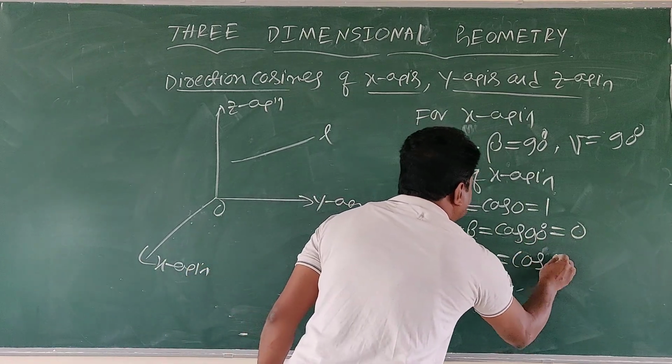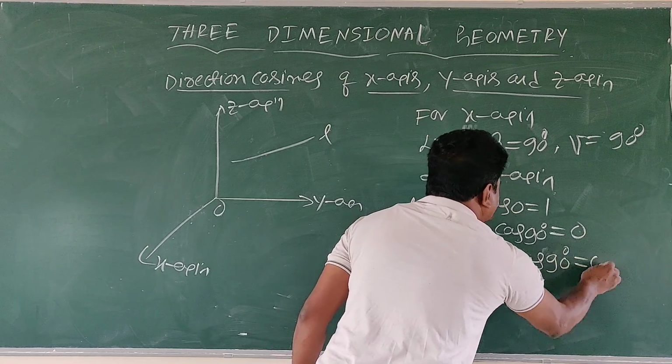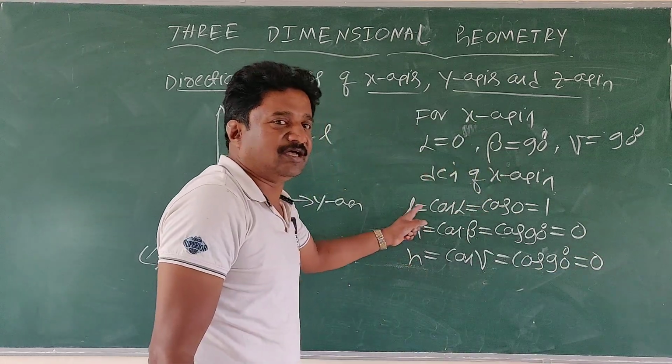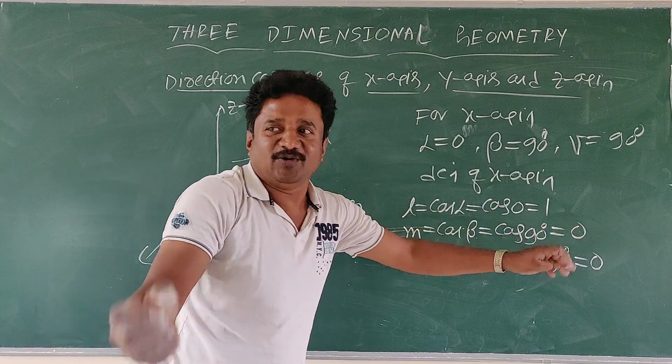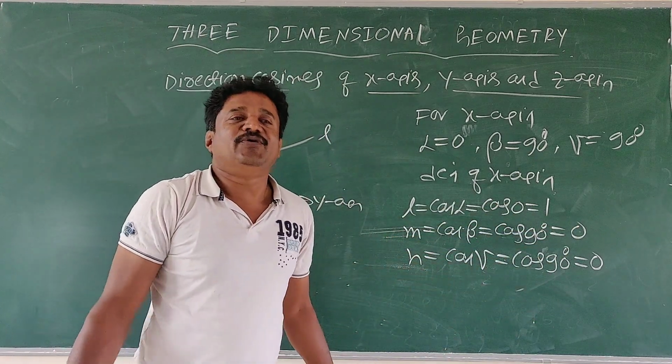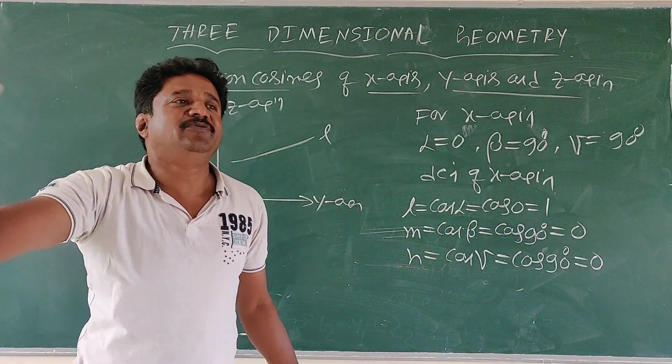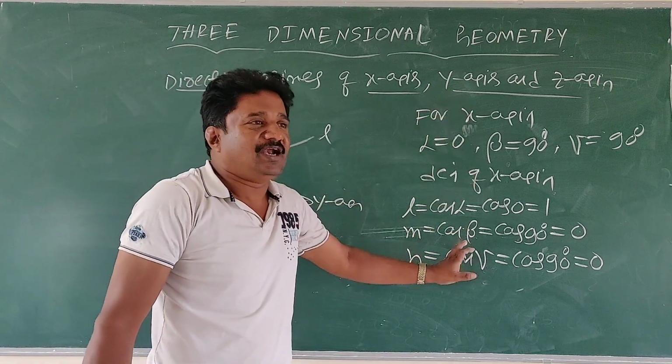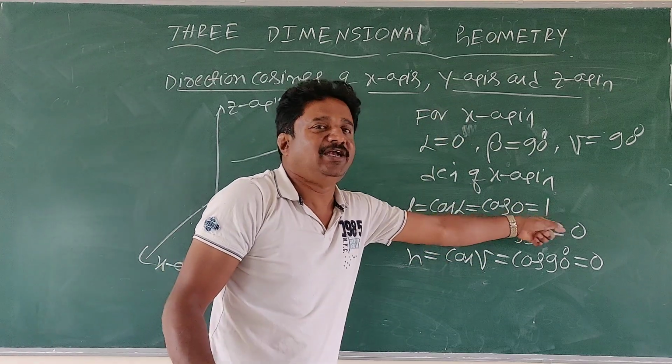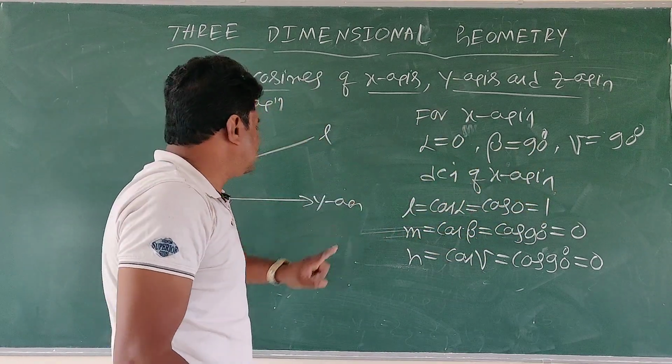Gamma is 90 degree, so 0. So DCs of x axis are 1, 0, 0. They are going to ask one more question: find the DCs of x axis. You need not calculate these things. It is enough if you write 1, 0, 0. This is for x axis.